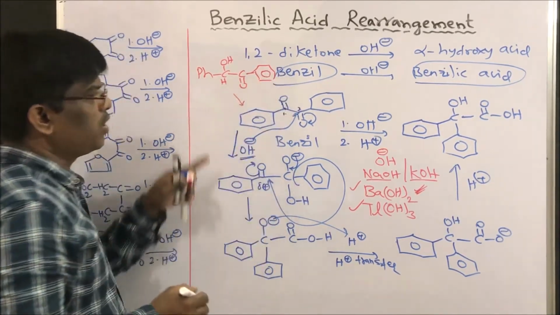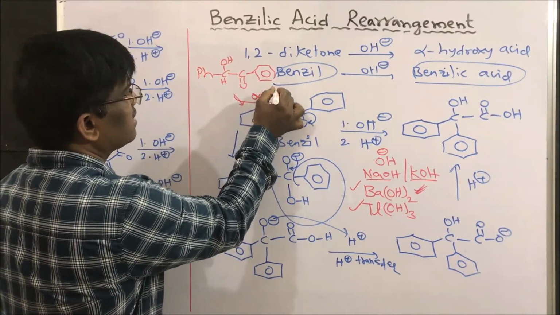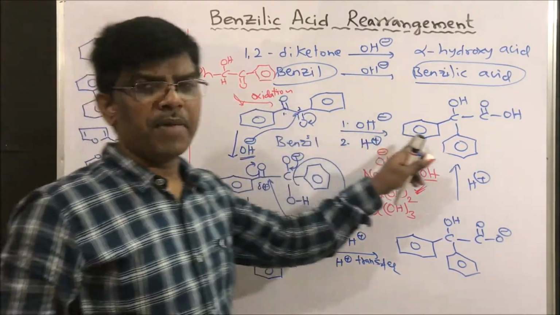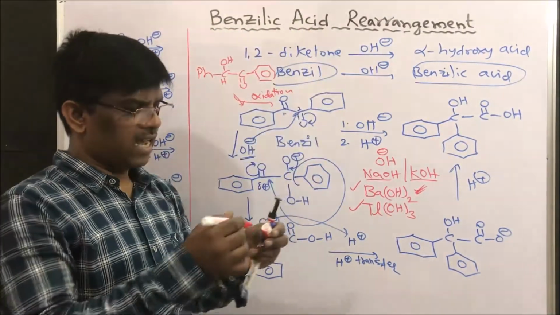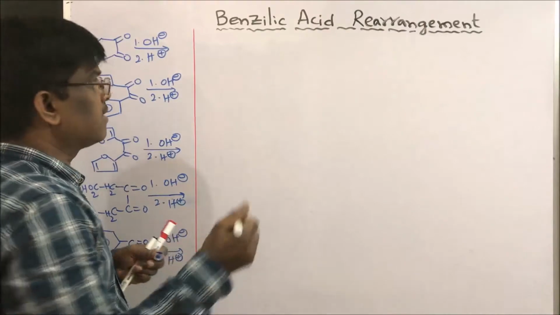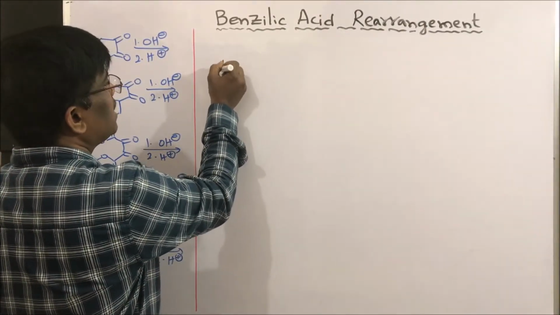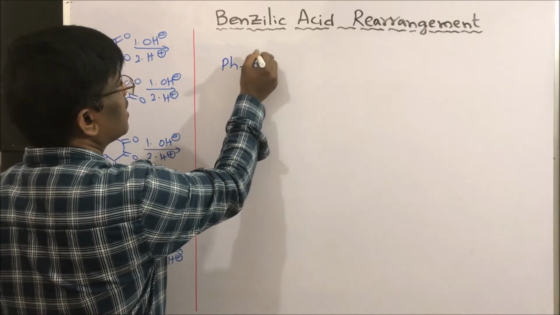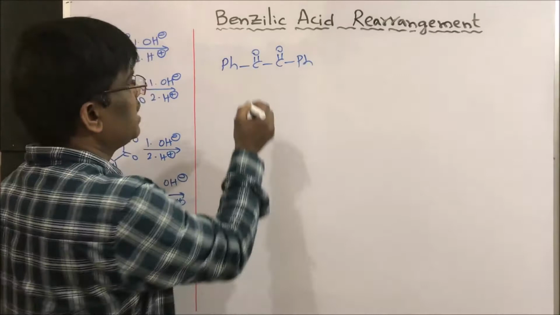This is benzoin, and oxidation gives this benzil. Benzil to benzilic acid is the benzilic rearrangement reaction. In place of base, if I take the same benzil, I can write benzil like this also, for simplicity.